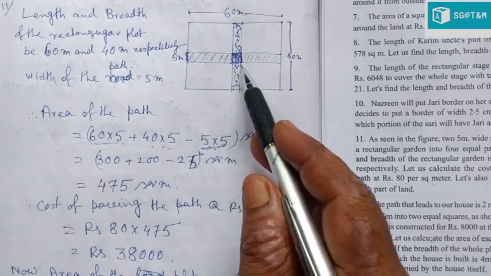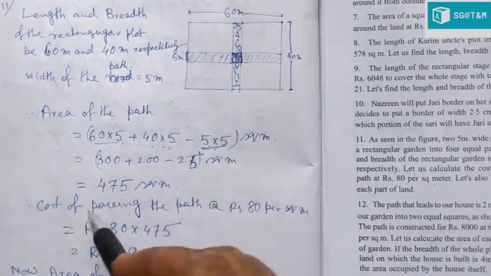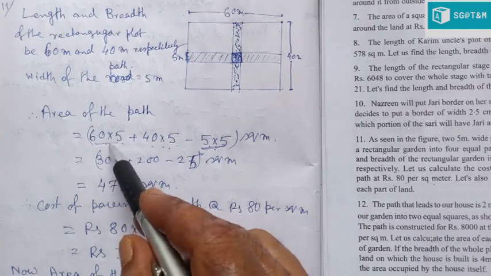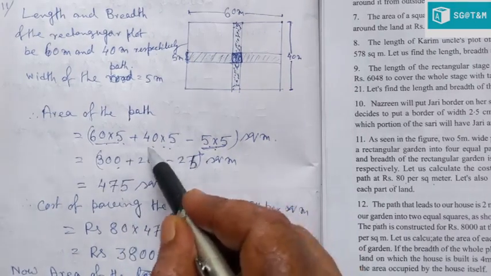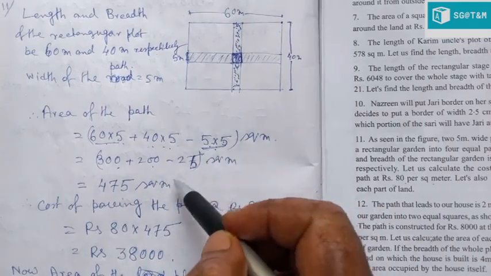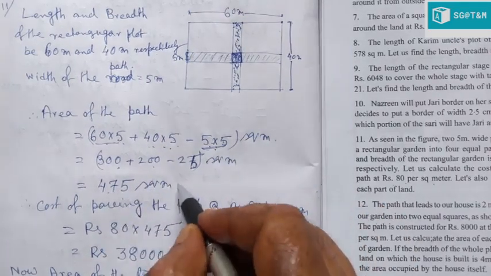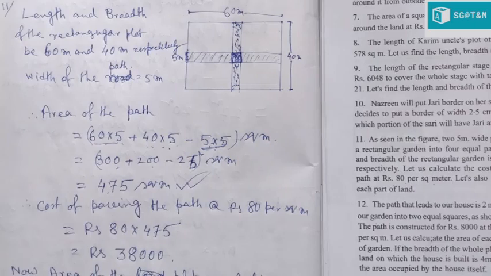That is 5 into 60, that is 300, plus 5 into 40, 200, minus 25. So 475 square meter. This is the area of the path.